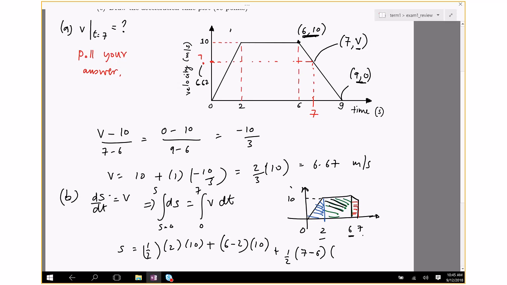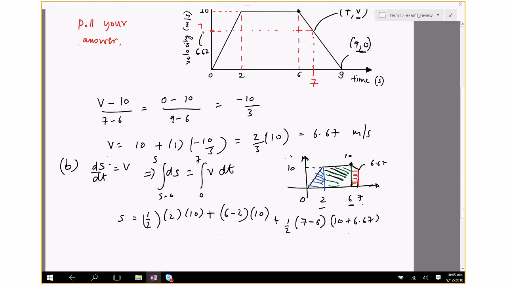So this height is 10, and the other one is 6.67. So if you sum this up, it comes out to be 10 plus 40 plus 8.33, which is 58.33.